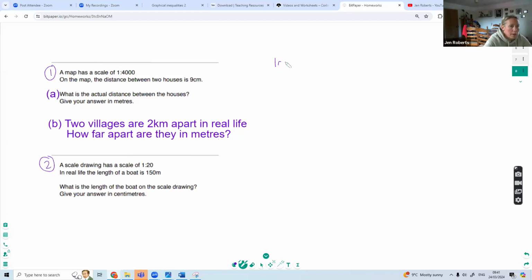1 centimetre on the map, 4,000 centimetres real life. On the map, the distance between 2 houses is 9 centimetres. What is the actual distance between the houses? Give your answer in metres.